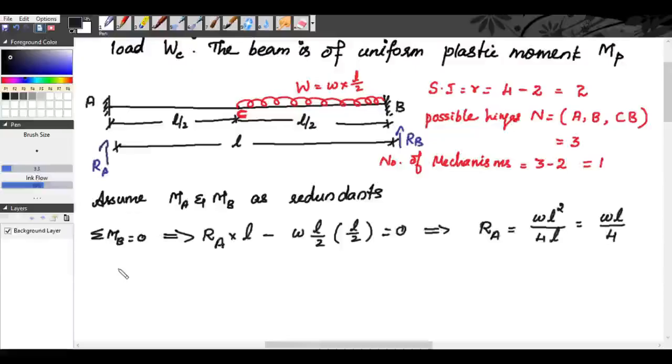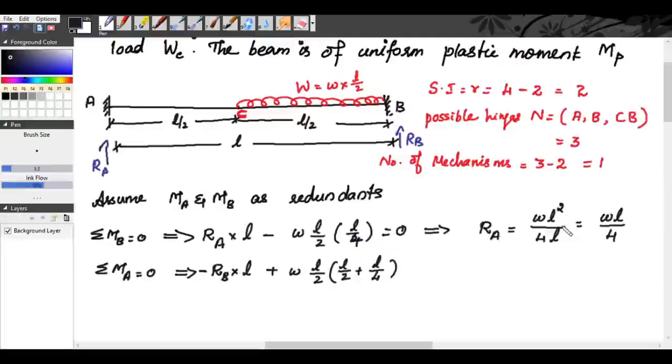Similarly, we can take sigma MA is equal to 0. We get minus RB into L plus W into L by 2 into L by 2 plus L by 4. This distance about A: L by 2 plus half of this distance. Here it is L by 4.